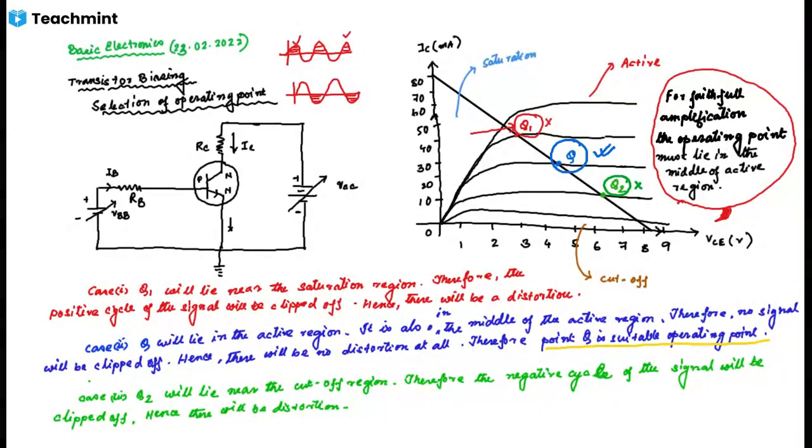And if I take the next part, that is the Q2 point, that means this portion, this is closer to our cutoff region. So if it is closer to the cutoff region, this is for the Q2. Okay. So closer to the cutoff region, the negative cycles will be clipped off. So this is for the Q2 and this is for the Q1.